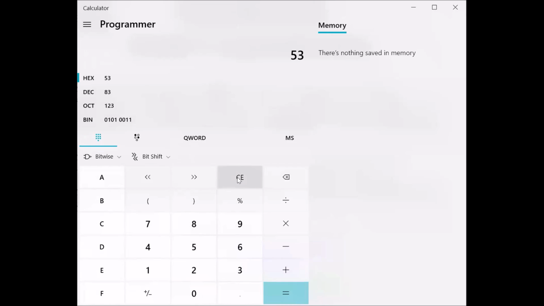So let's just say I wanted to show a different number. If I type in FF, you can see that the decimal is 255.